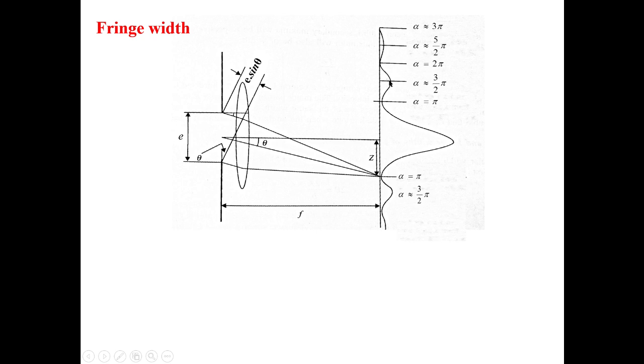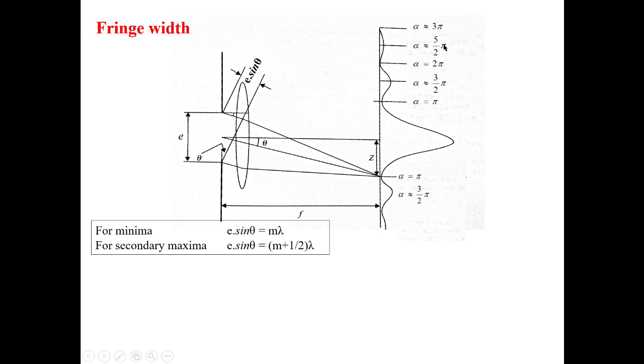And secondary maximas have alpha equal to n plus half pi, means first secondary maxima corresponds to alpha equal to 3 by 2 pi, then for second alpha equal to 5 by 2 pi, and so on. So we have condition for minima e sin theta equal to m lambda, where m is a natural number. For secondary maxima, this e sin theta should be equal to m plus half lambda.